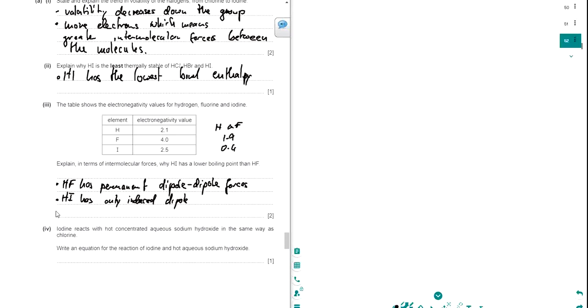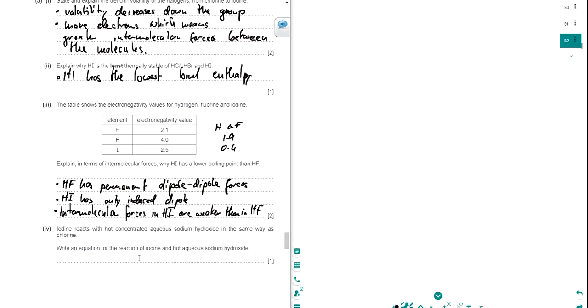And from that we can conclude that the intermolecular forces in HI are weaker than in HF, which means lower boiling point.